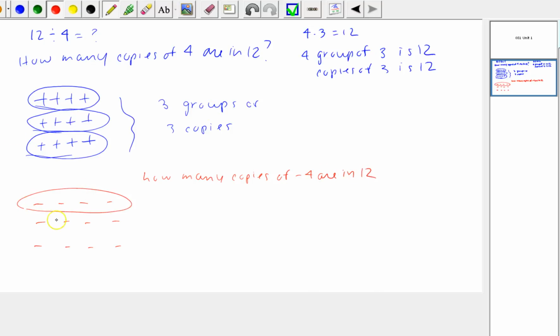So this is 1 copy, 2 copies, 3 copies. Now notice, even though they're negative chips, it's still 3 copies of negative 4, or 3 groups. Okay, and again, if they can visualize this, they'll start to see how the sign relationships work.